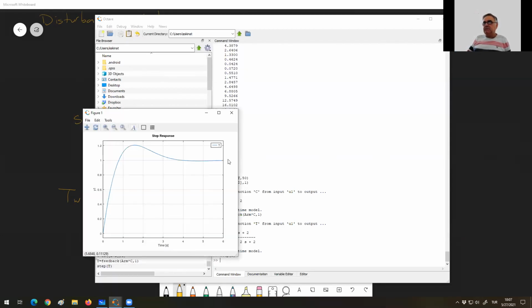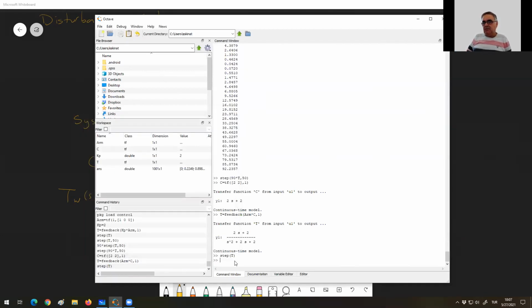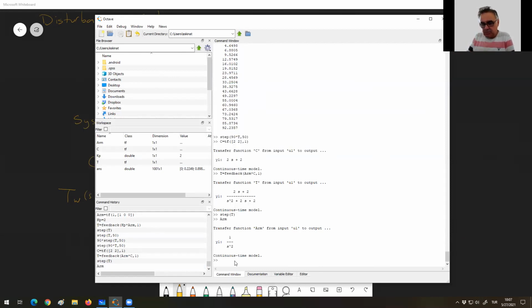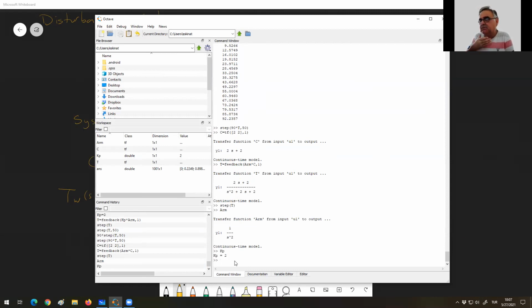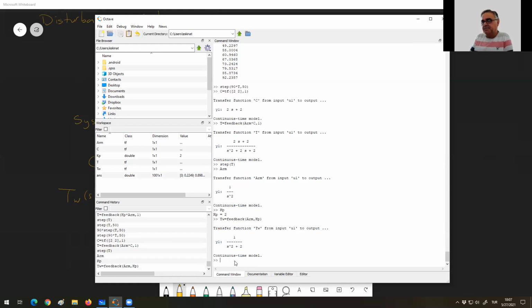And let's close this thing. This is gone. Now here the arm is the plant. The controller Kp is here. It's still 2. Now the Tw is the feedback connection of arm and Kp, if I'm not wrong.